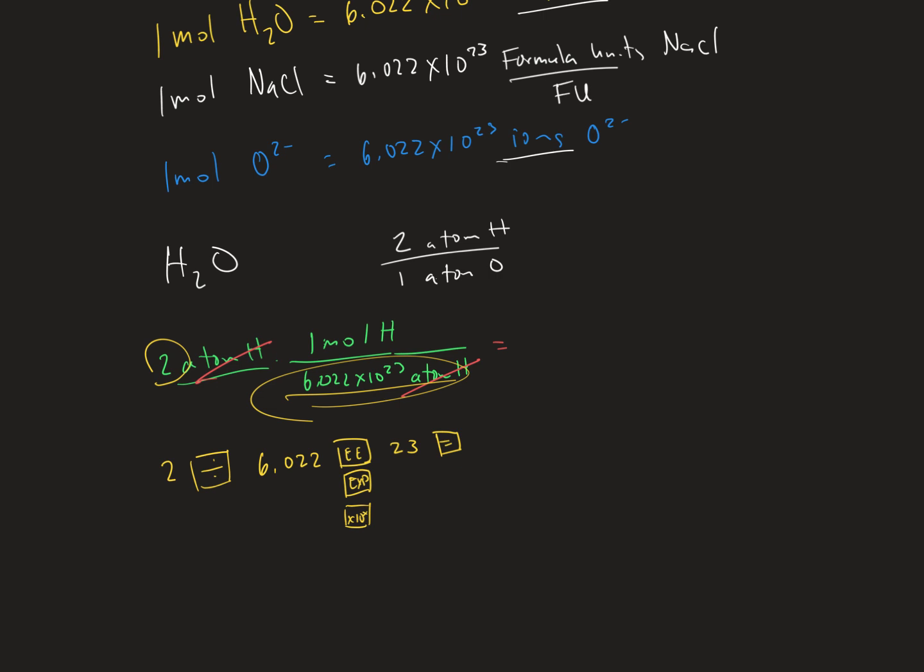Is that right? Oh, no. Sorry, I multiplied in my head. This is why you don't do it in your head, guys. Divide. And what do we get? 3.32 times 10 to the negative 23. It shouldn't be negative. Oh, wait, yes, it should. Oh, my gosh. This is why you don't do it in your head, guys. Moles of hydrogen. Not very many, right?